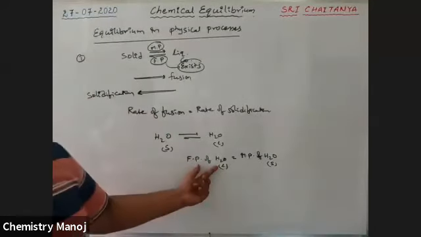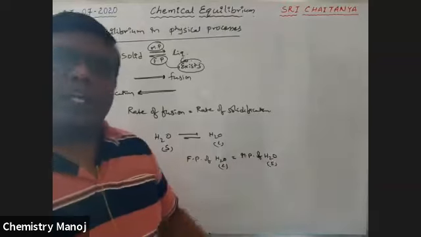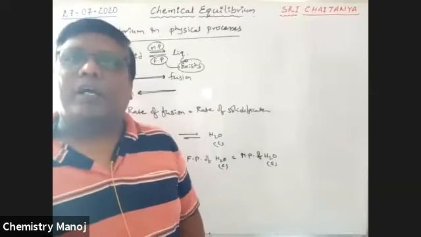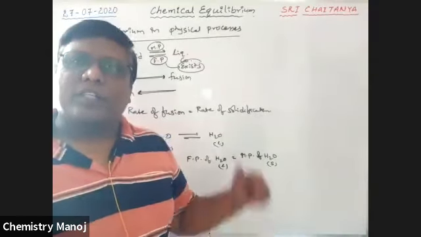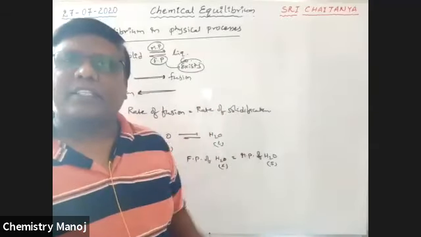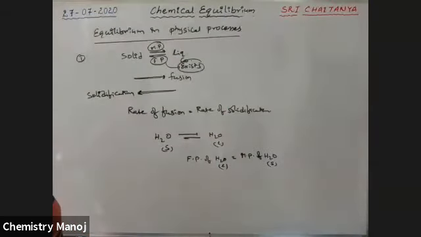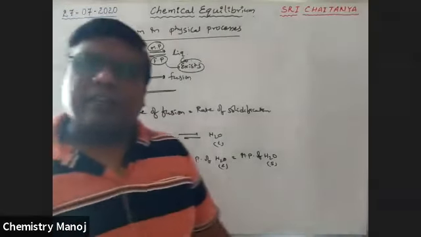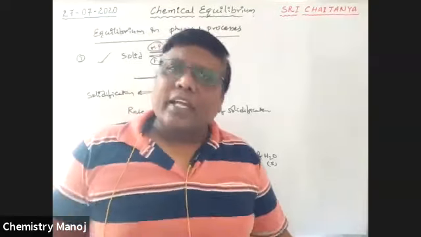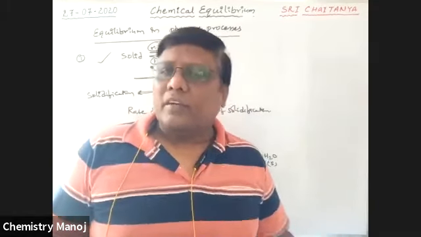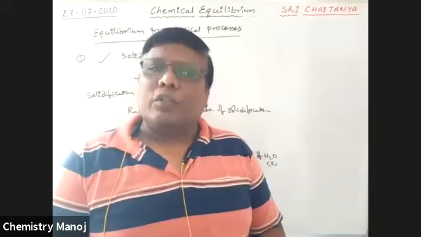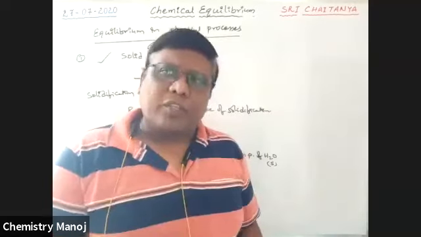The freezing point of liquid water is equal to the melting point of solid water at this equilibrium. At that particular point, those two exist in coequilibrium. That is one of the ways to express equilibrium in physical processes. It is very, very important. Freezing point and melting point are the same, whatever the solid may be.